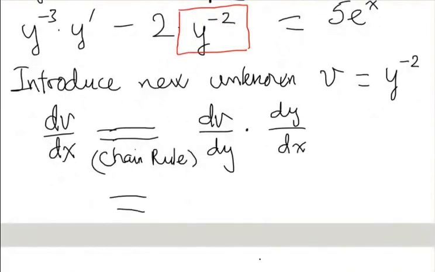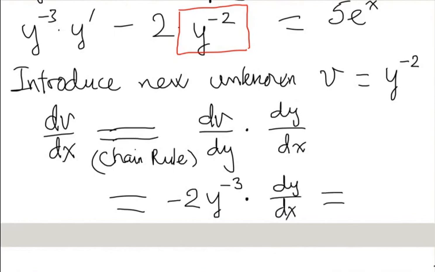And what is dv dy? v is y to the negative 2. So dv dy, the derivative with respect to y, will be minus 2 y to the negative 3. But don't forget, we need to multiply by dy dx, from the chain rule.